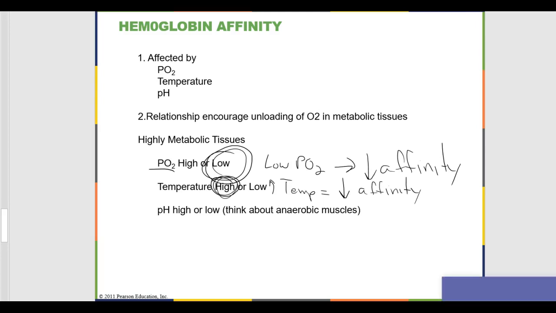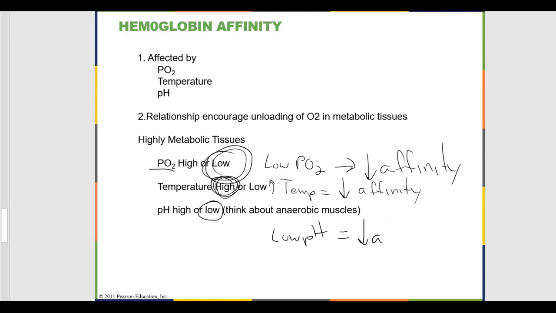And then for pH, again, I say just think about when your muscles go anaerobic, they release lactic acid, and that would lower the pH. So if you have low pH in a tissue, that is indicative of increased metabolism.